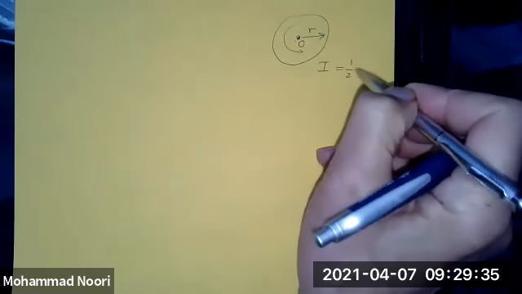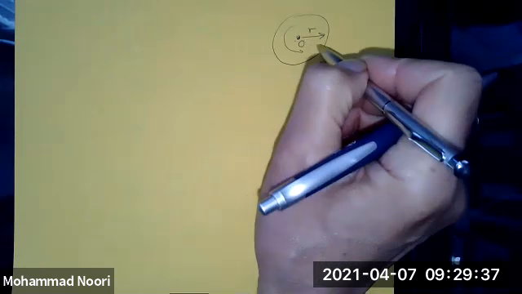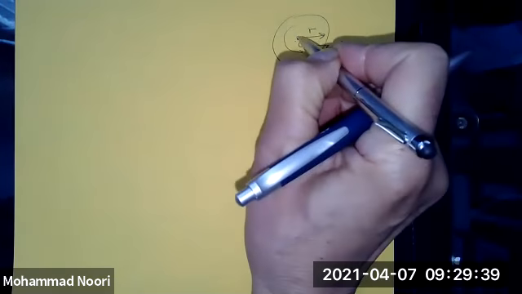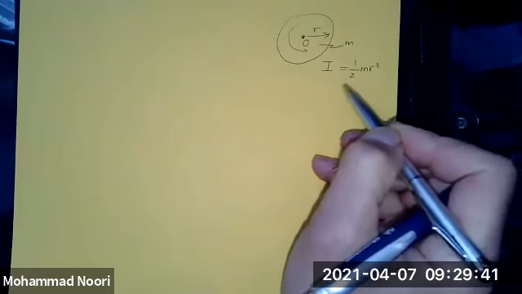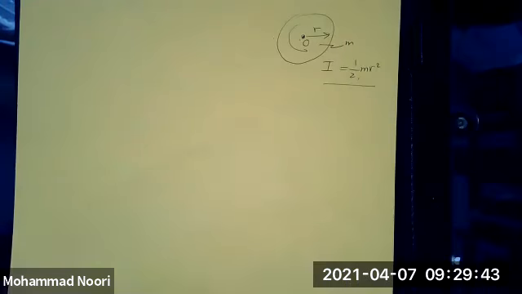It is 1/2 m r squared. If this has a mass of m rotating about its center, its moment of inertia was this, if you recall from dynamics. Okay, thank you.